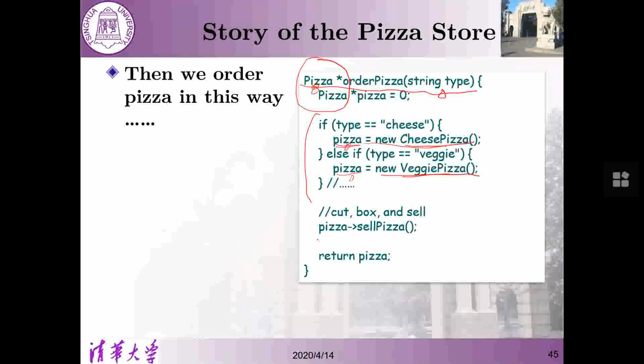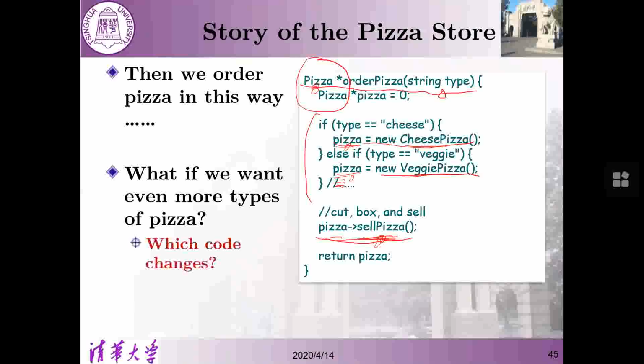Also, because we have this interface for the pizza, we can call this pizza's sellPizza interface. It works fine. So by programming to an interface, this part will not change. Even if we add one more new type of pizza, this still works. We can add something here, and it still works.